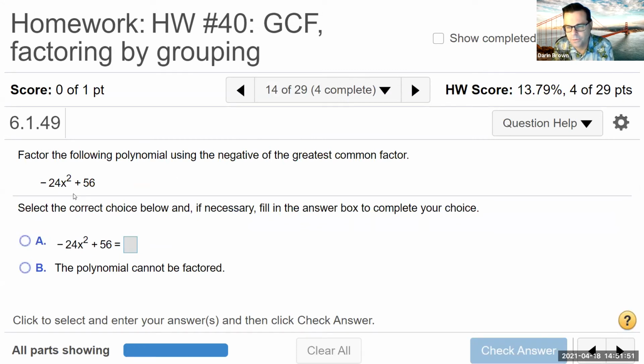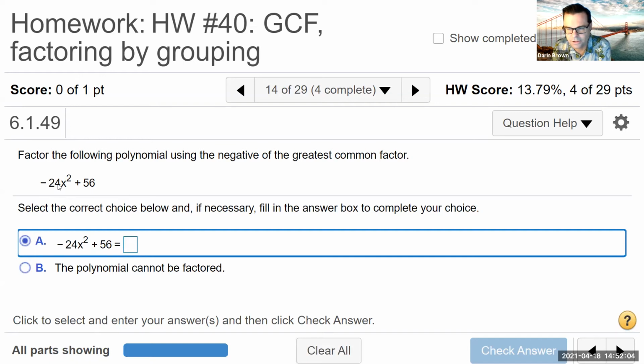This is an example of one where I said the step 0. Remember I said the leading term, you generally want to have positive. So if the leading term here is negative, I want to factor out a minus as well. So normally, if I don't look at the signs, it'd just be 24 and 56. Well, what is the GCF of those? 24 is 4 times 6.